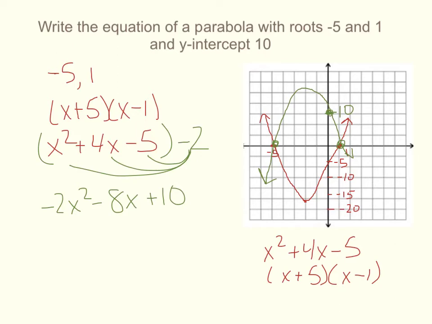our a is negative. Now, we talked about the axis of symmetry here being x equals -2, again 3 units on each side.